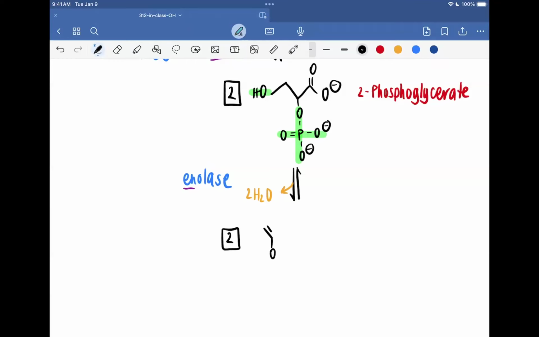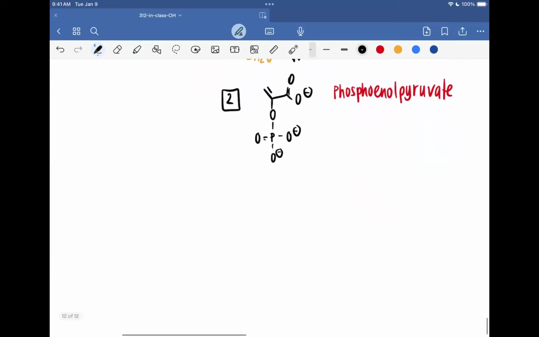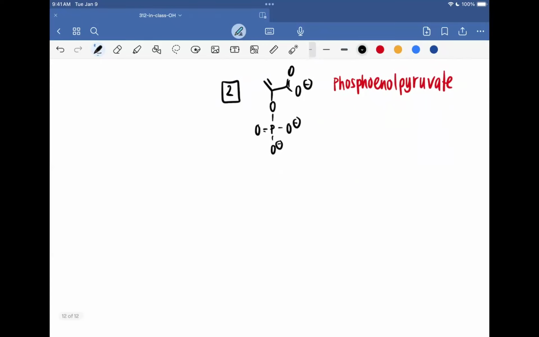We have our phosphoryl group. And carbon 3 is still going to have the carbonyl that is part of the carboxylate. So this molecule is called phosphoenol pyruvate. A very high energy molecule, at least for hydrolysis.